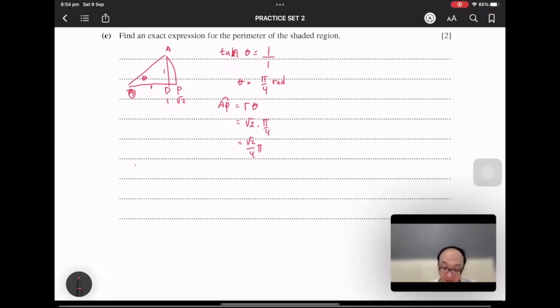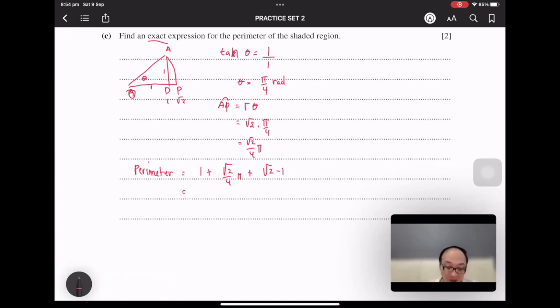So the perimeter is AD 1 plus arc AP root 2 over 4 pi, and then plus DP. DP is root 2 minus 1. So that means I can find the exact expression, yeah? So 1 and minus 1 cancel. So 1 over 4 root 2 pi plus 1 plus root 2, that's it.